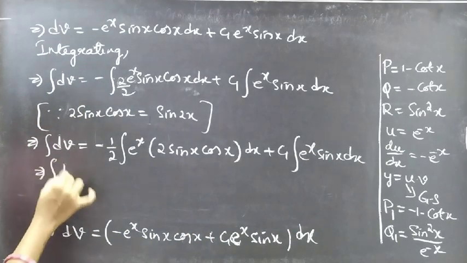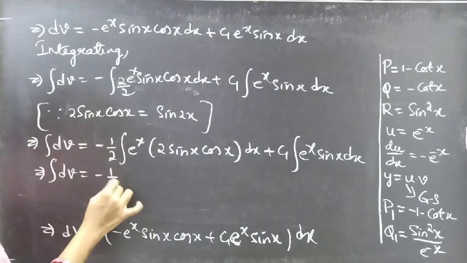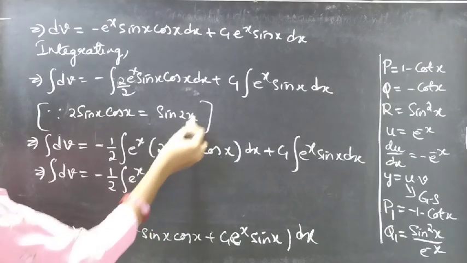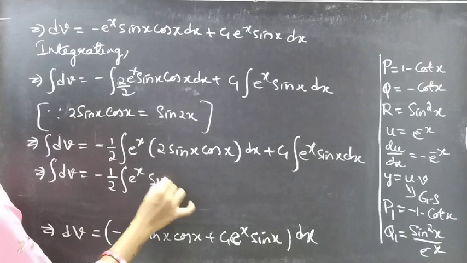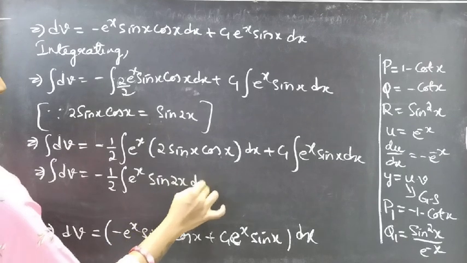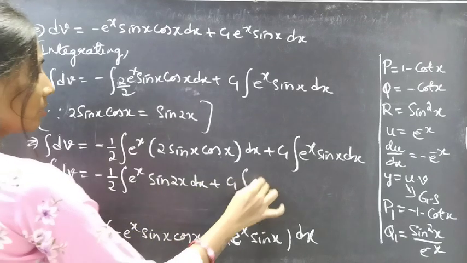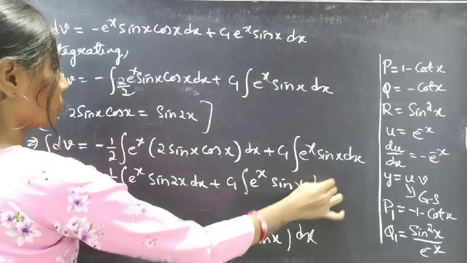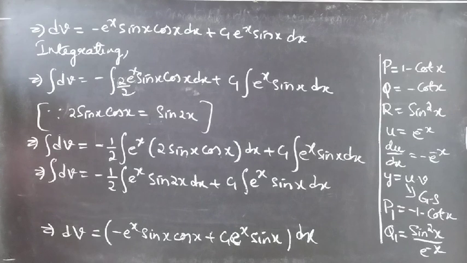Then integral dv equals minus 1/2 into e^x into sin 2x, since 2 sin x cos x can be replaced by sin 2x, into dx plus c1 integral e^x sin x dx.